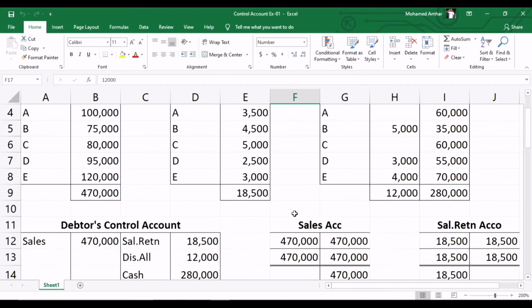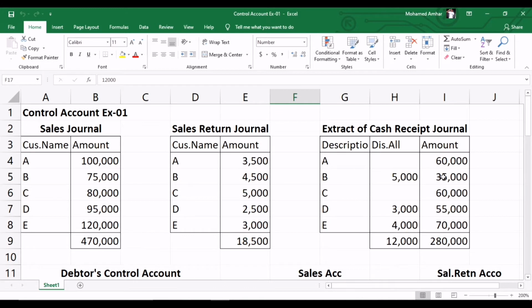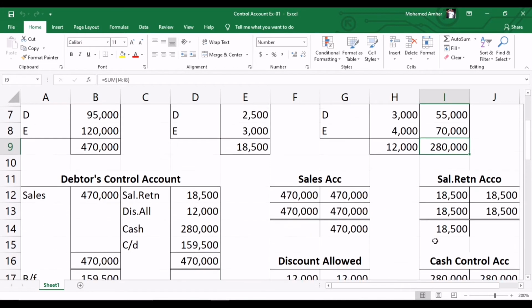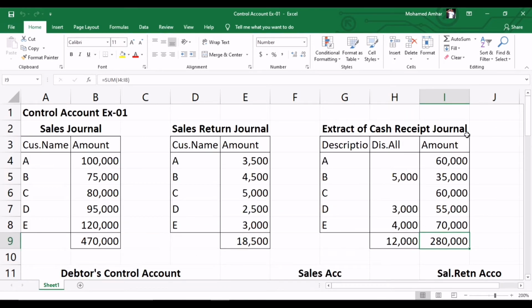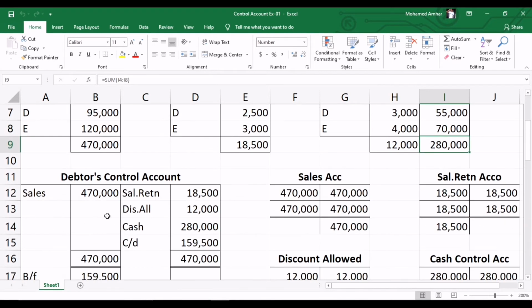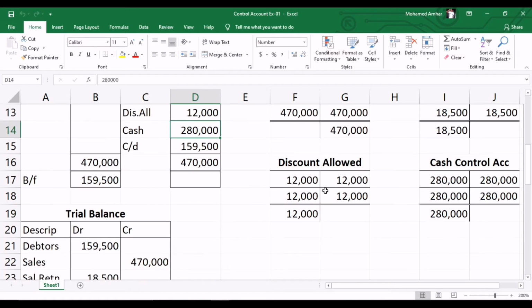And cash receipt total 280,000 should be credited. This is cash receipt from debtors, so it should be credited to debtors control account and debited to cash account.